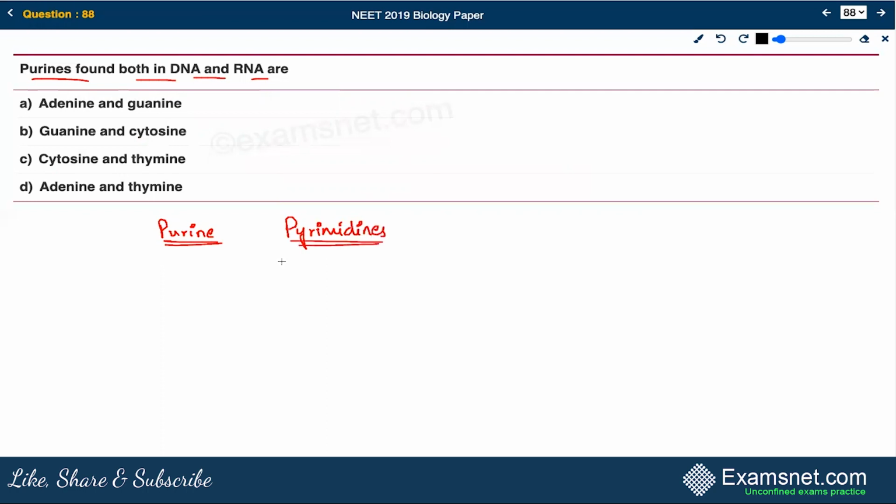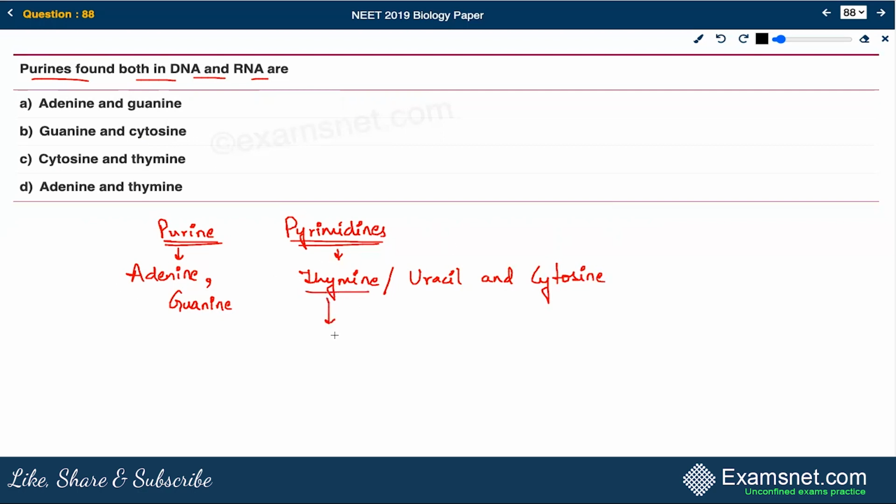So purine is a combination of adenine and guanine. All right. While pyrimidine is a combination of thymine or uracil and cytosine. Clear?